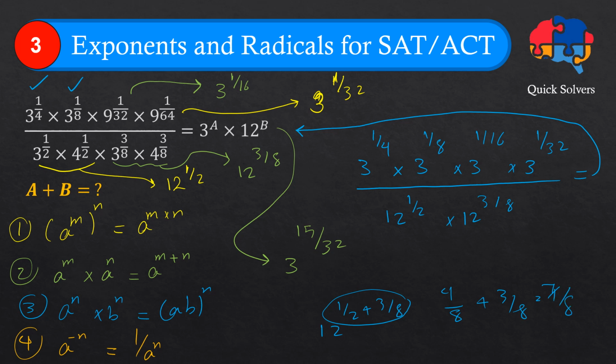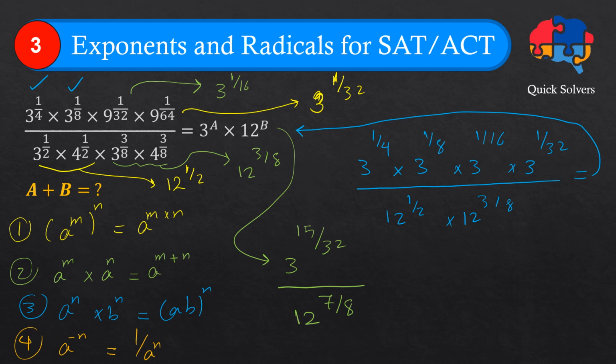That means I can replace the whole expression here first by this, and now I can replace that by 12 to the power of 7 over 8. Over 12 to the power of 7 over 8.